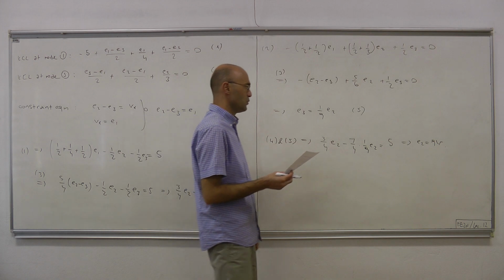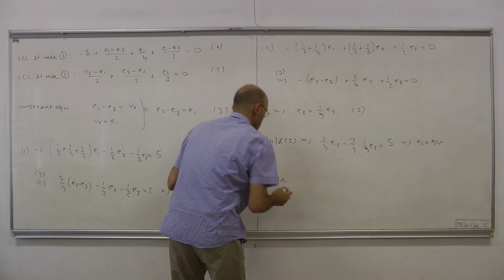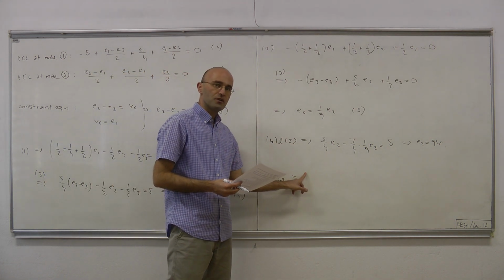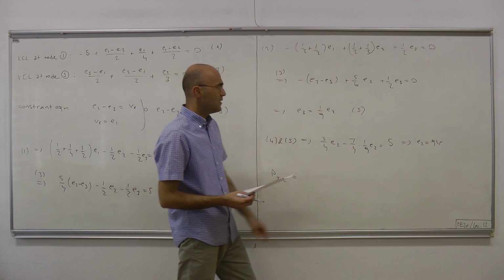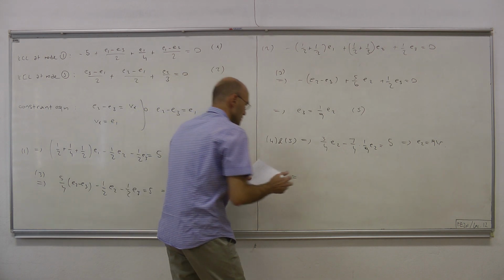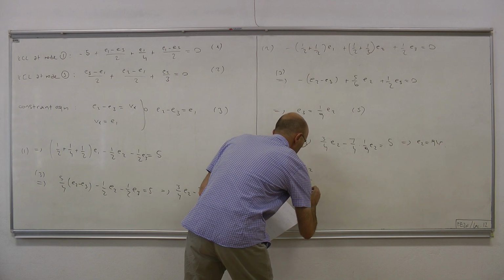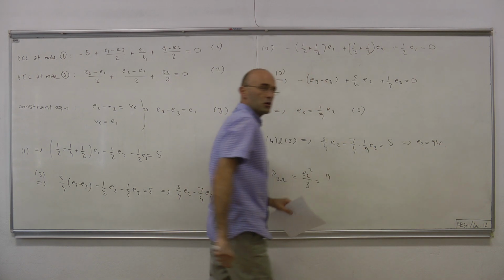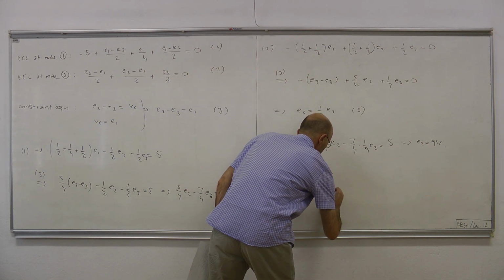Okay, so we know that E2 is 9 volts. Then the power of the 3 ohm resistor equals the voltage of that resistor squared divided by the resistance, and the voltage of that resistor is no other than the second node voltage E2. So we have E2 squared over 3, and E2 equals 9 volts, so we're talking about 9 squared over 3.